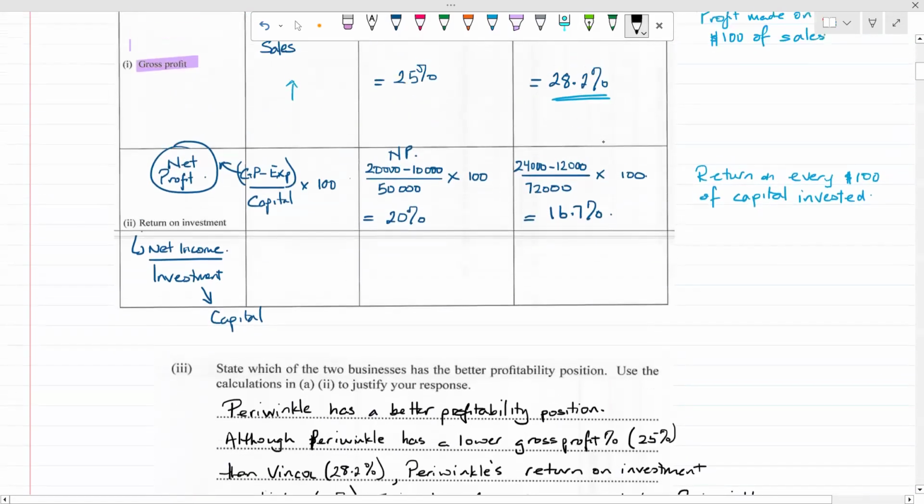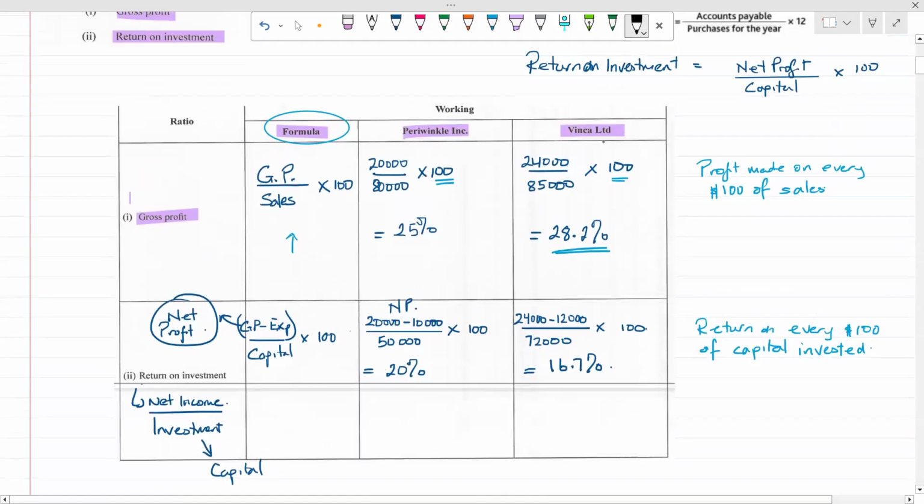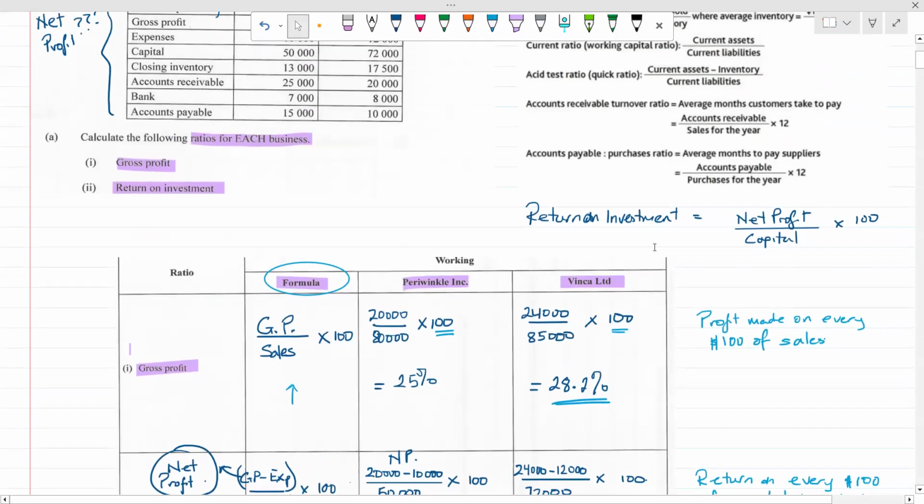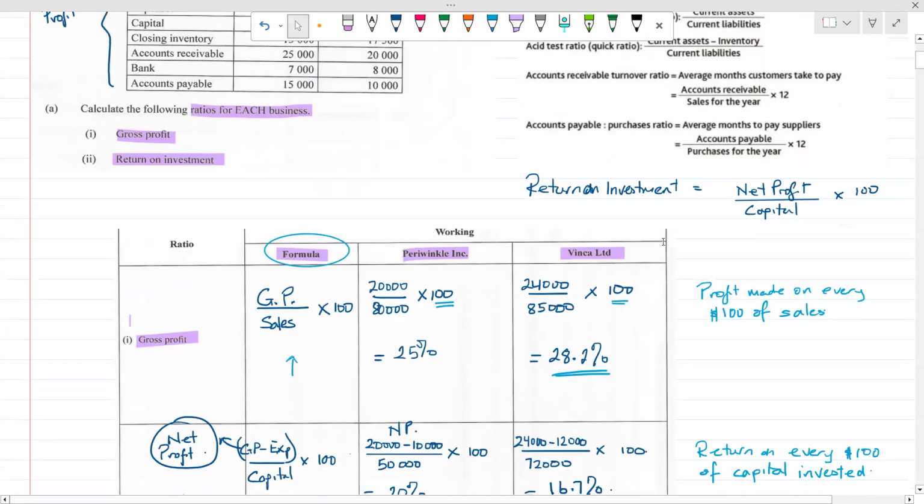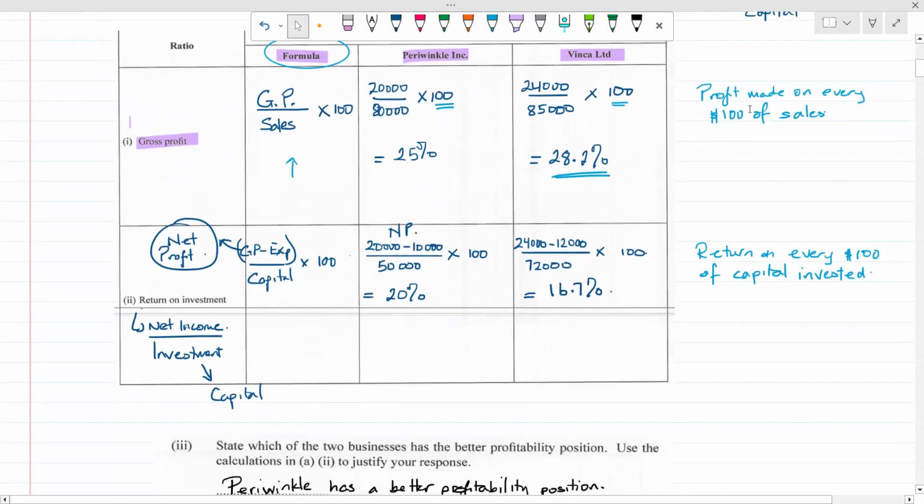Right? So for future reference, questions would change. You'll have a different company, different figures, and you'll be looking at calculating different percentages. But your key takeaway here for me today is that for these percentage ratios, if you're comparing gross profit to sales, you're looking at the gross profit made on every $100 worth of sales.